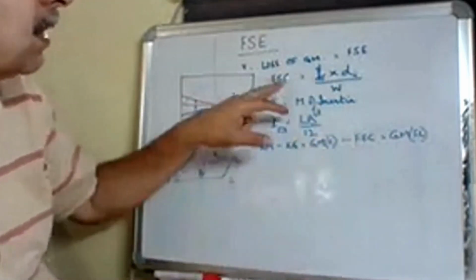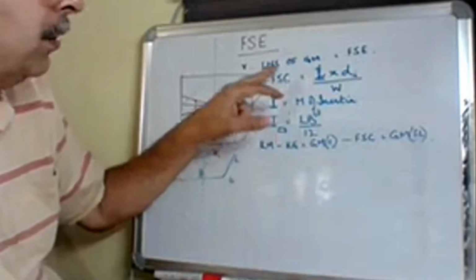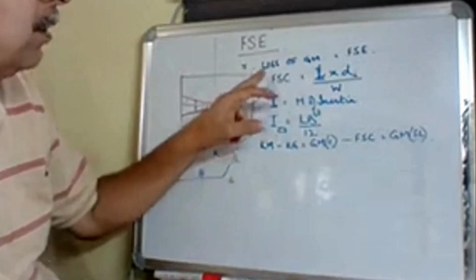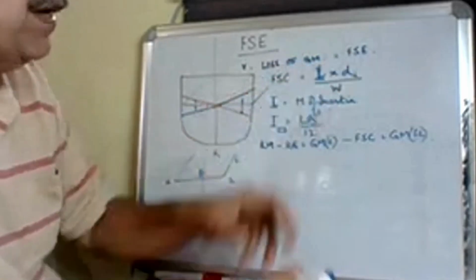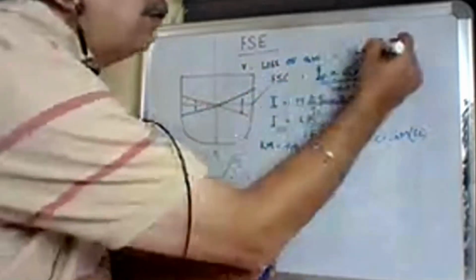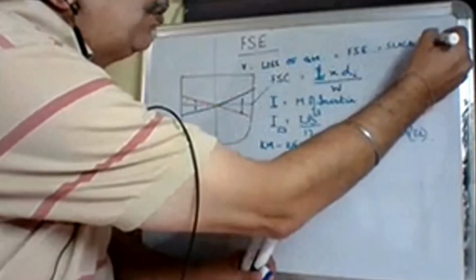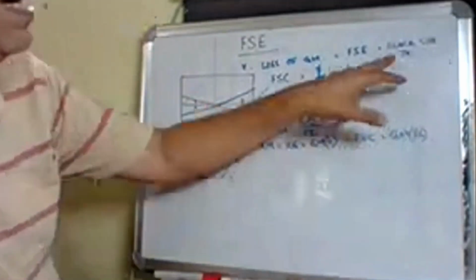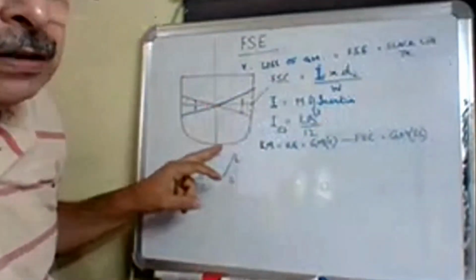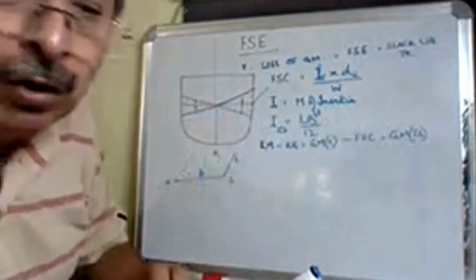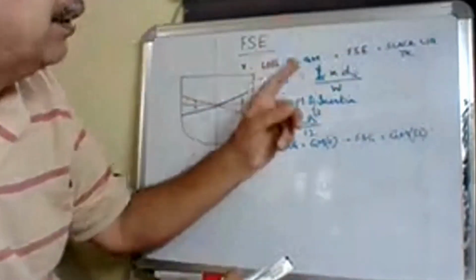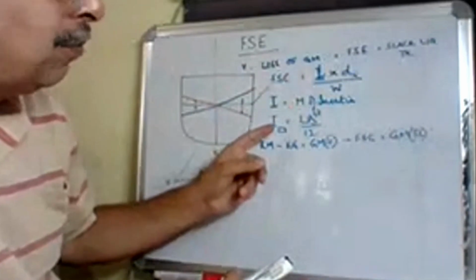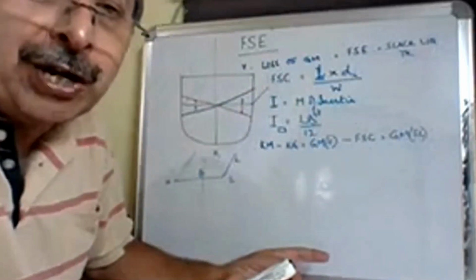And this FSC is the free surface correction, the correction due to virtual loss of GM, which is caused by free surface effect, which is a result of a slack liquid tank. So if I make my tank completely empty or completely full, I will be removing the free surface effect. I will be removing the I, the moment of inertia. So that is what we always try to do.